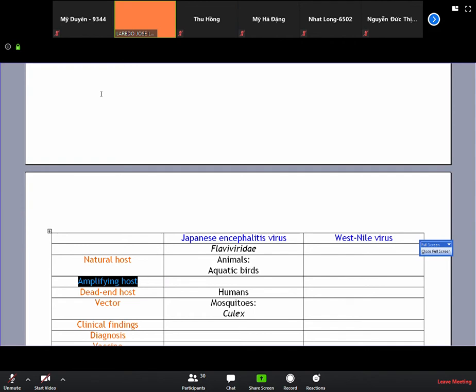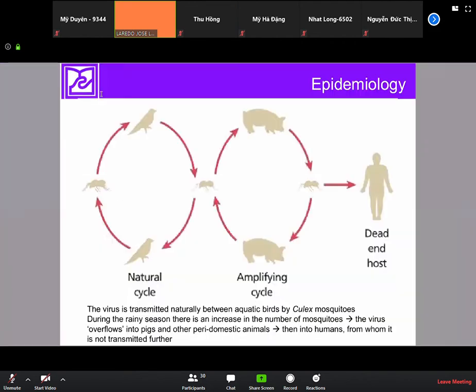What is an amplifying host? This is the epidemiology of Japanese encephalitis. So look, natural host, the birds. The transmission of the disease from bird to bird through the Culex mosquito. This is what usually happens.